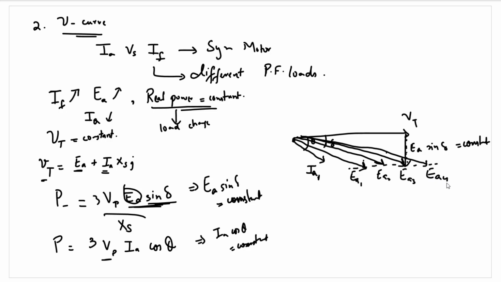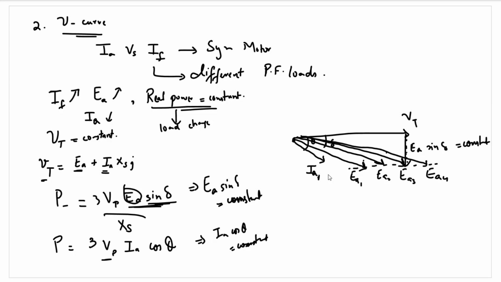With increased field current the induced EMF increases, but the real power remains constant, so Ea sine delta has to remain constant. So this is how Ea is varying with respect to change in field current.